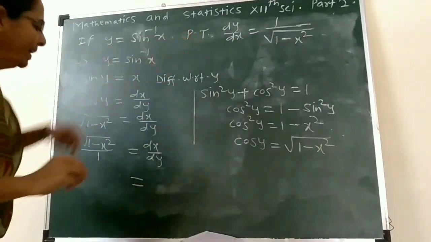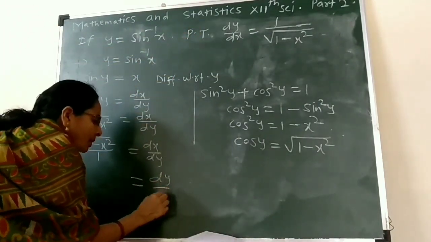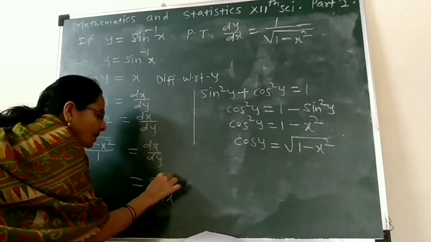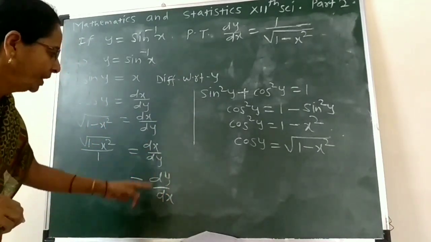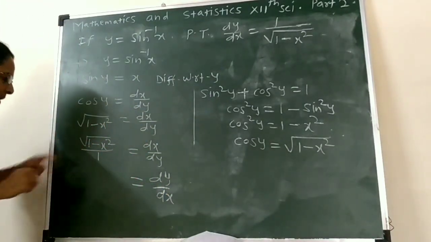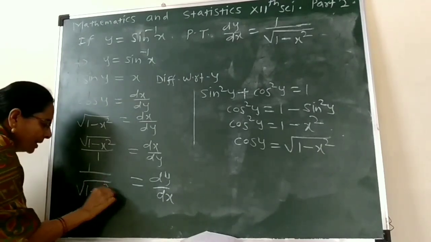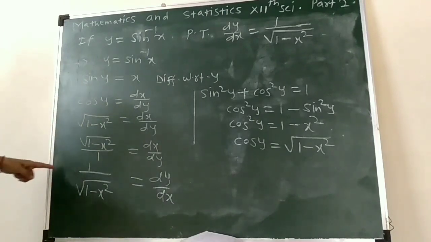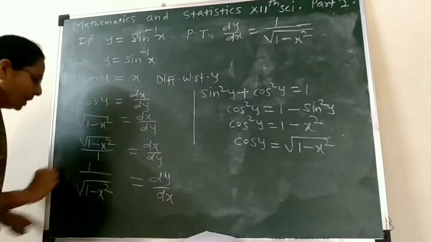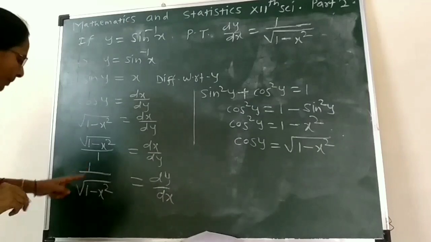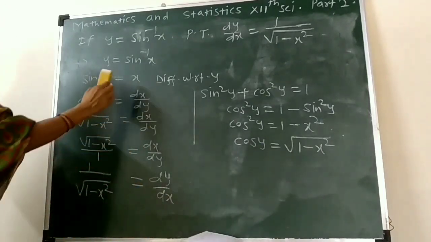We require dy by dx. So take inverse of this, 1 upon root 1 minus x square.